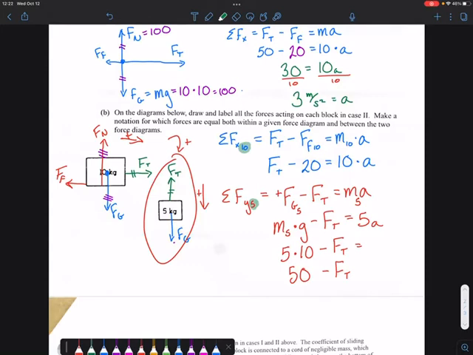But are we only working with the 10 kilogram? Because we did that for this net force equation, and now we're doing the 5 kilogram one in the y direction. So do the sum of the forces in the y direction for the 5 kilogram thing.